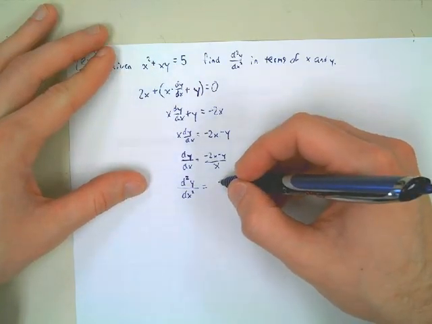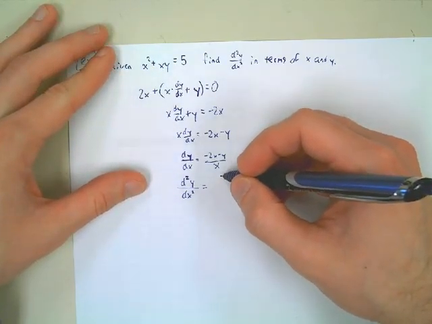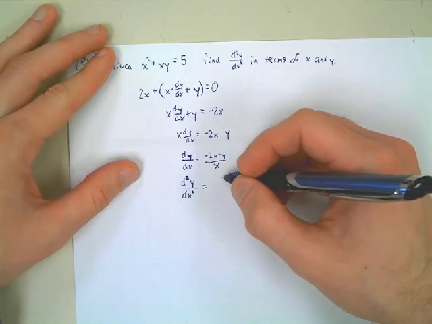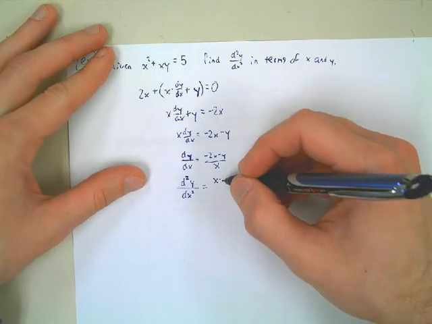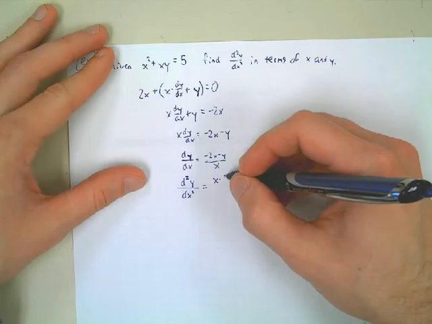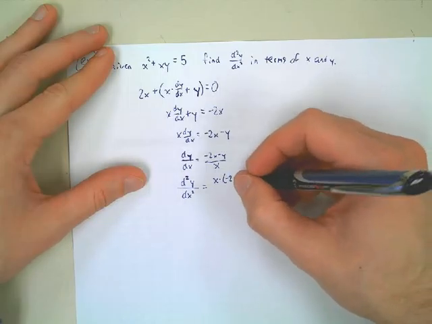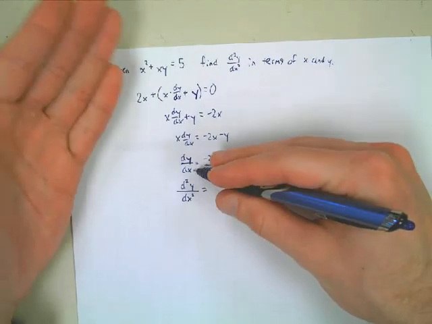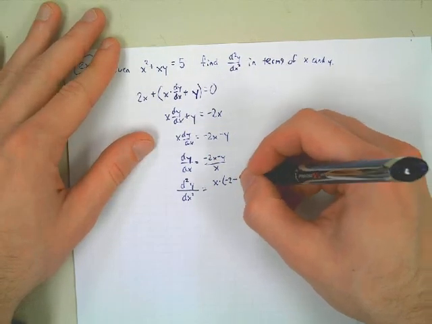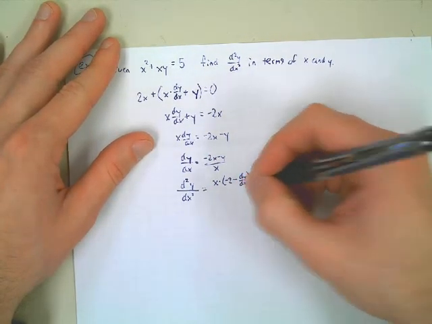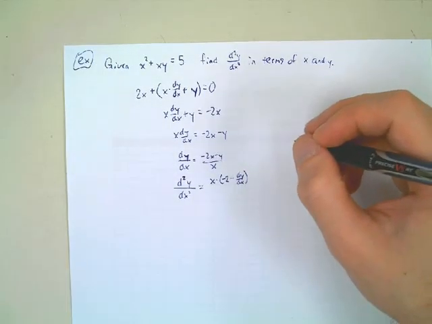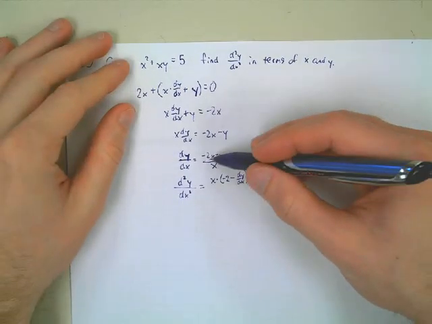It's the bottom times the derivative of the top. The derivative of negative 2x minus y with respect to x is negative 2 minus dy dx. So there's that.